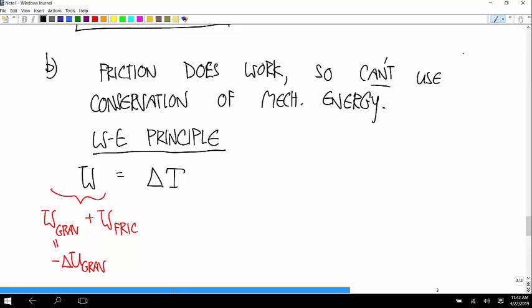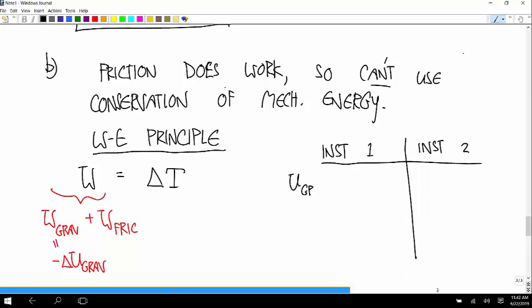So I'm going to do the same thing again. I'm going to set it up, write a little table of instant 1 and instant 2, and these things are going to all come out the same. The gravitational potential energy at instant 1 is 0 because it's at our 0 height.